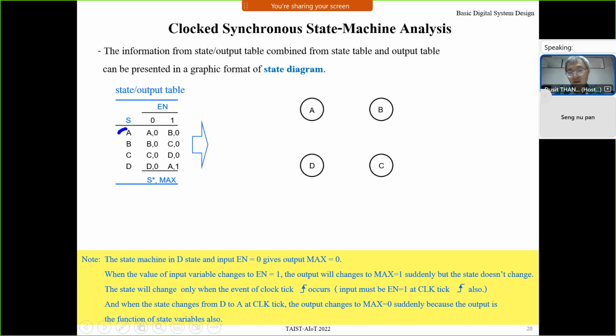For example, now at state A, when the clock ticks, if the input is 0, the next state is A, right? So write something like this: from A to A, when input is 0. And at state A, when input is 1, go to state B, when input is 1.